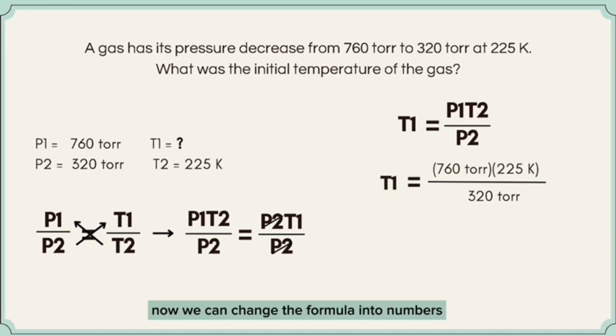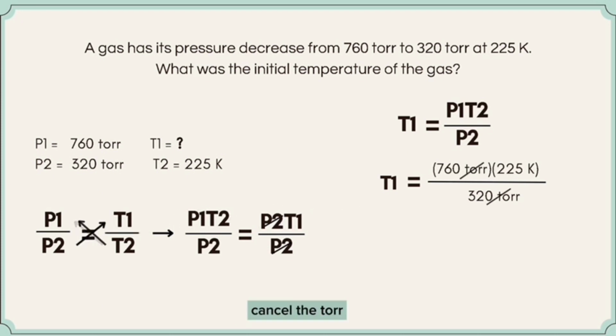Now, we can change the formula into numbers. The solution is T1 is equal to 760 torr multiplied by 225 K divided by 320 torr. Cancel the torr. Therefore, T1 is equal to 534 K.